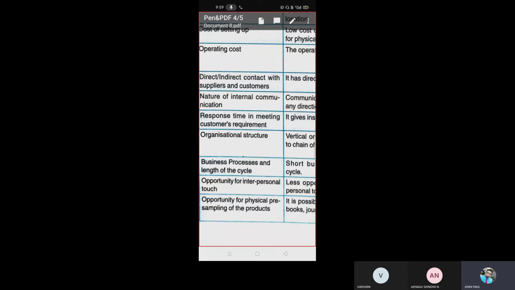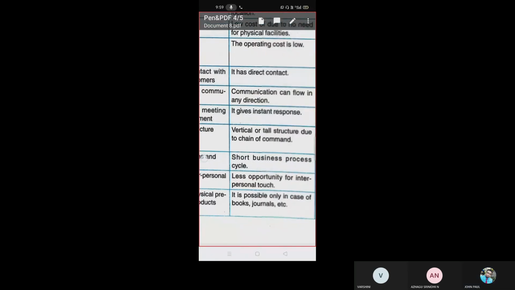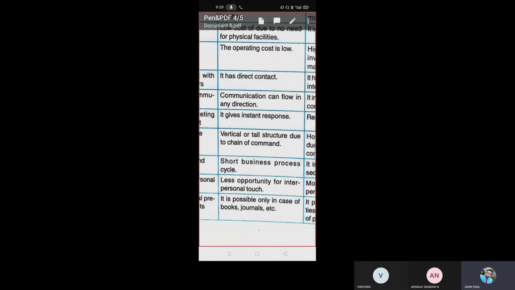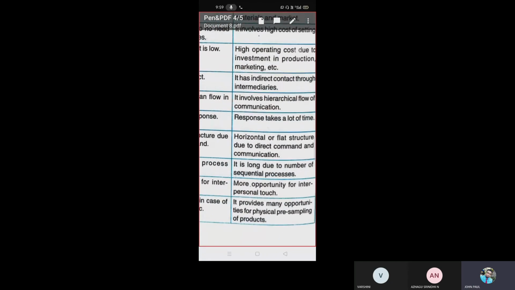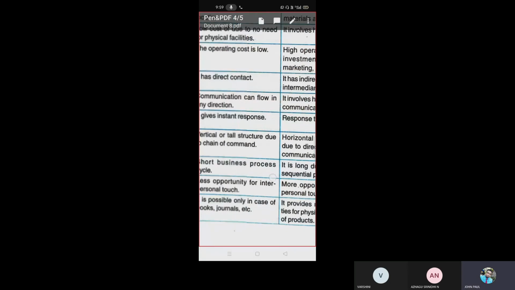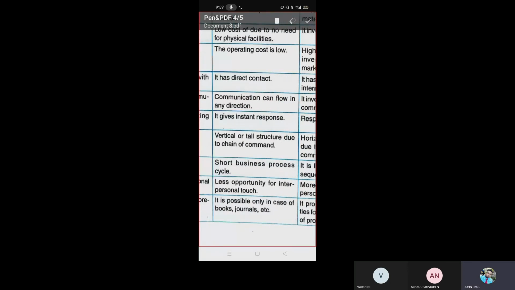So in online business it is possible only in case of books and journals, etc. Whereas traditional business provides many opportunities for physical pre-sampling of products. In a traditional business, we can get free samples for even a towel, handkerchief, bed cover, everything. But in online business, only in case of journals or books.